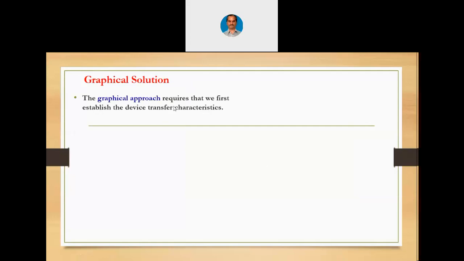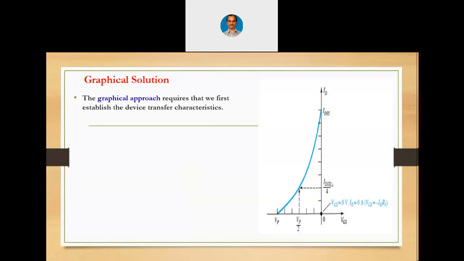The graphical approach requires that we first establish the device transfer characteristics. Now, you already know how to get the device transfer characteristics by using those 4 points. VP will be given, IDSS will be given. You mark VP on the x-axis and IDSS on the y-axis, because whenever IDSS is there, VGS will be 0, and whenever VP is there, ID will be 0.